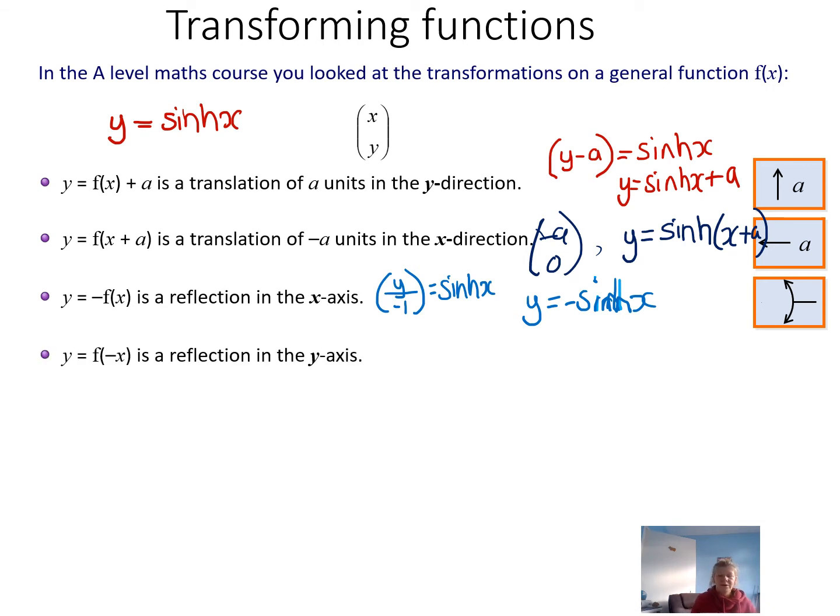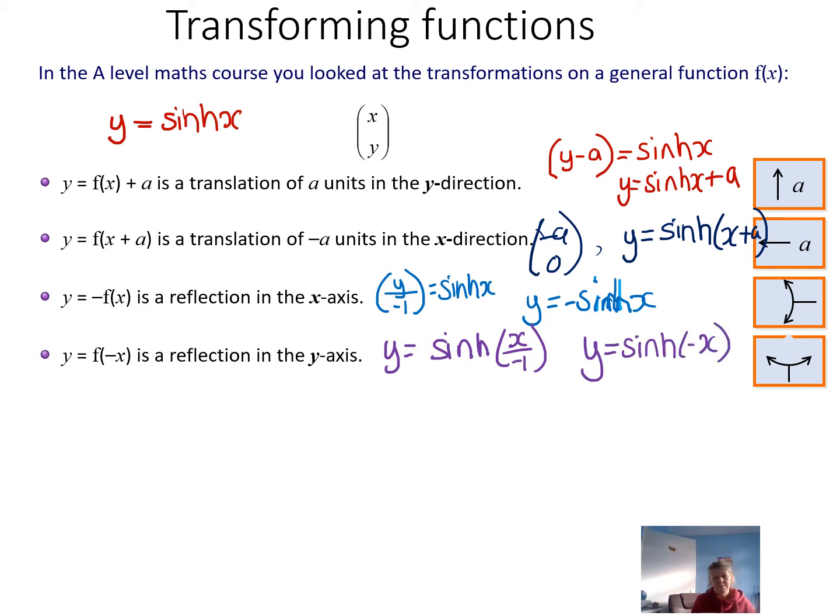If we were to reflect in the y-axis, it is the x coordinates that change, isn't it? So we replace x with x over -1. So you've got, how many pens left? One. We'll have y equals sinh x over -1, which just ends up as y equals sinh of minus x, like that. Next one.